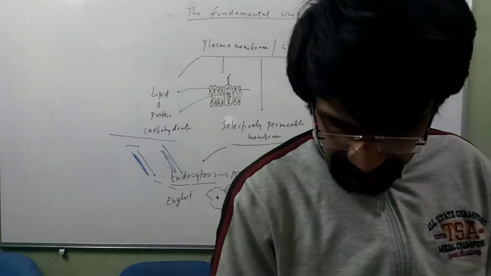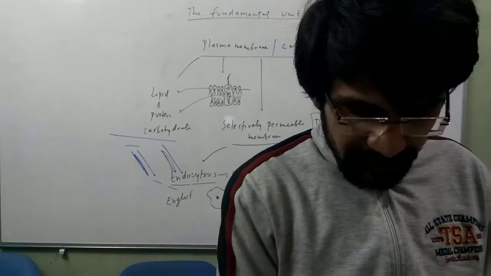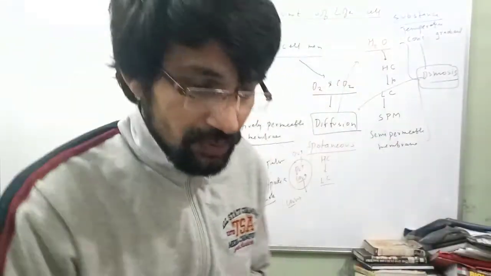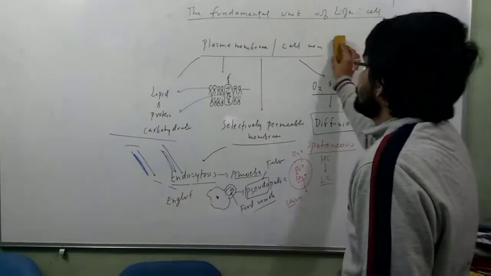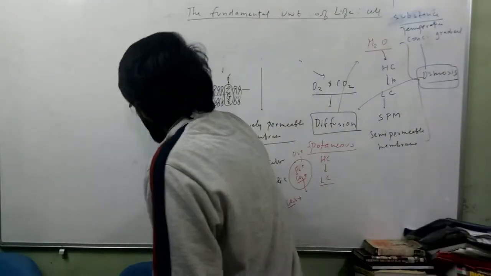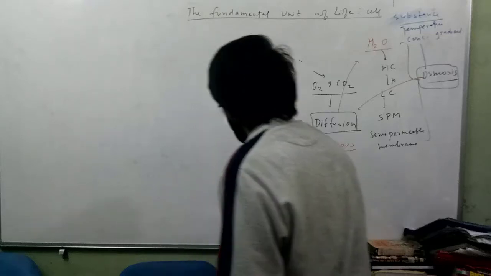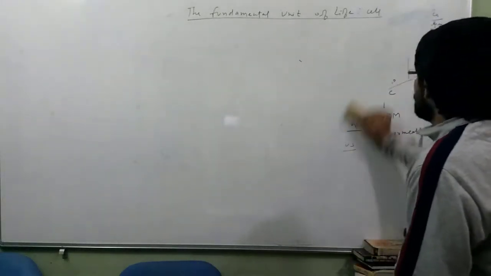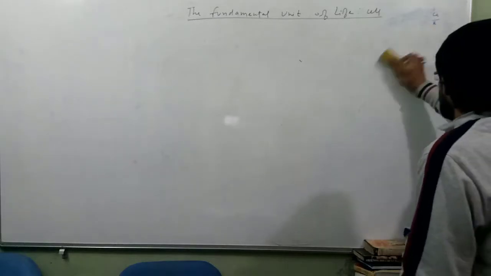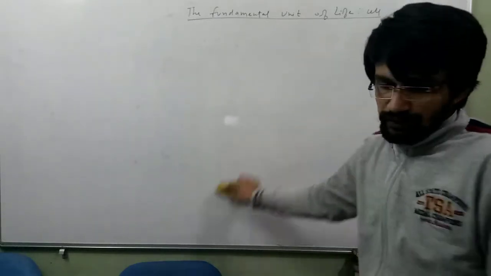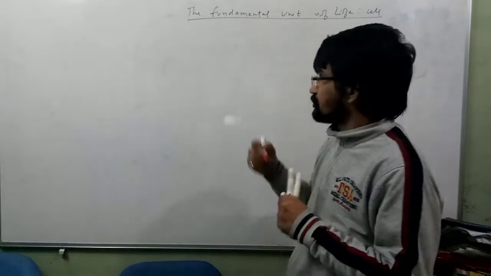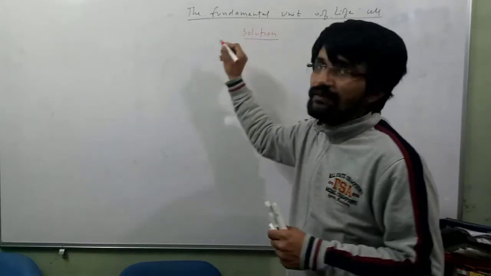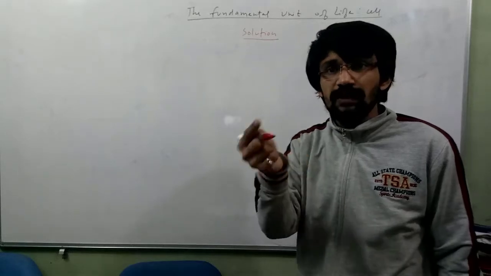So then let's move on to the next topic, that is the types of solution. Now I can explain the very important solute and solvent concept. We basically have a solution. Before we discuss types of solution, we must know what a solution is.